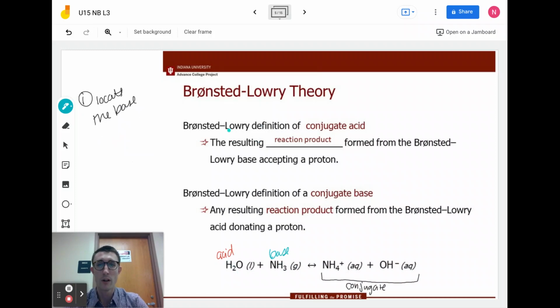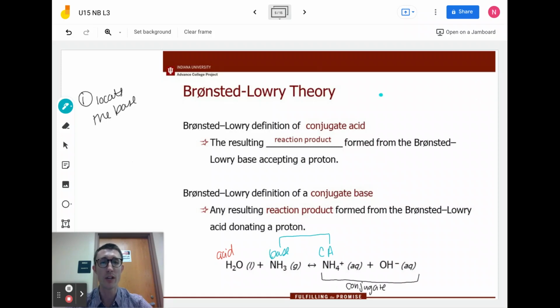The Bronsted-Lowry definition of a conjugate acid is the resulting product. Anytime we're on the product side, we're using the word conjugate. It is formed from the Bronsted-Lowry base accepting a proton. So once you find your base, whatever accepted that proton is your conjugate acid. I'm using CA as the conjugate acid.